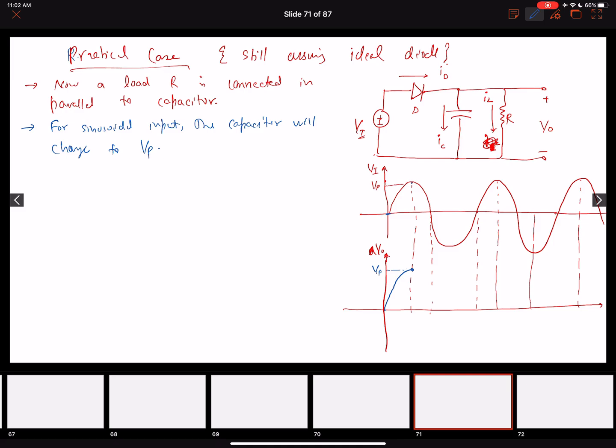And after that, we saw what will happen as soon as the input falls below: the diode will be off, right?